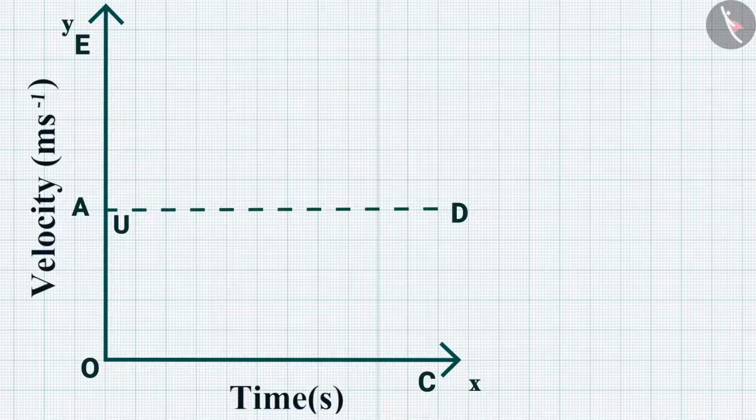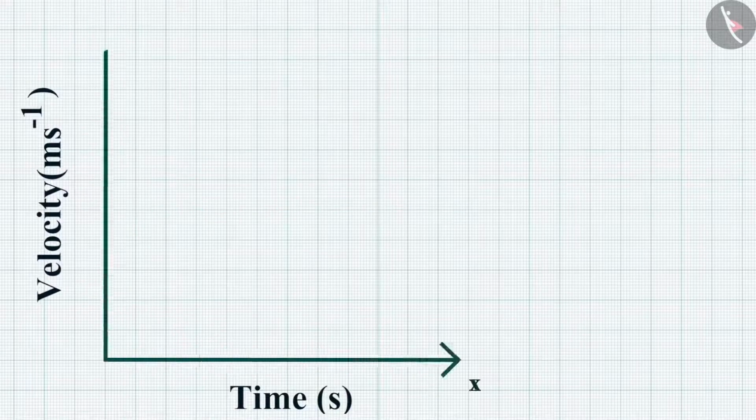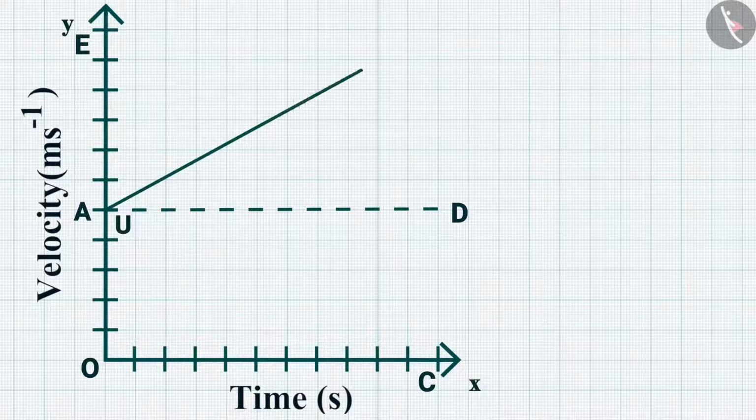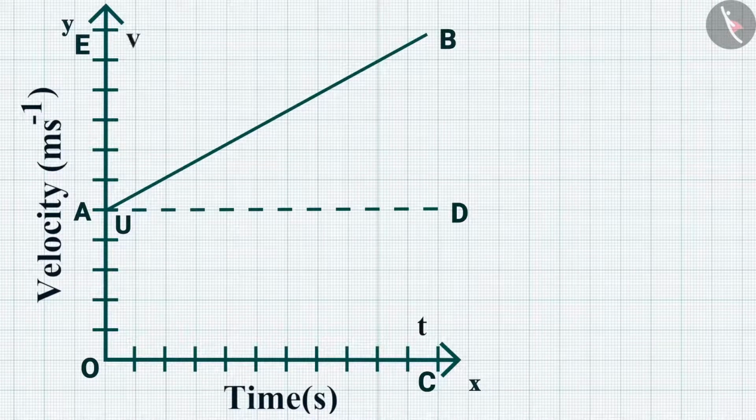Consider this velocity-time graph, where time is taken along x-axis and velocity is taken along y-axis. According to this graph, the object starts at point A with an initial velocity of u and moves with a uniform acceleration. And the final velocity is v, marked at point B in time t.